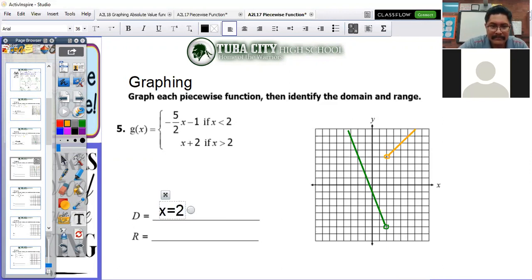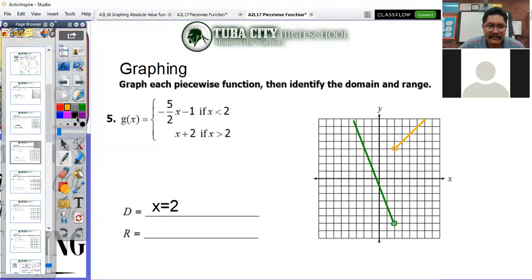So I'm going to keep it kind of easy. Normally we'd have to write this in set builder notation, but you can just say domain is everything except 2. So I just put that slashed equal sign, meaning not equal to. So x not equal to 2.